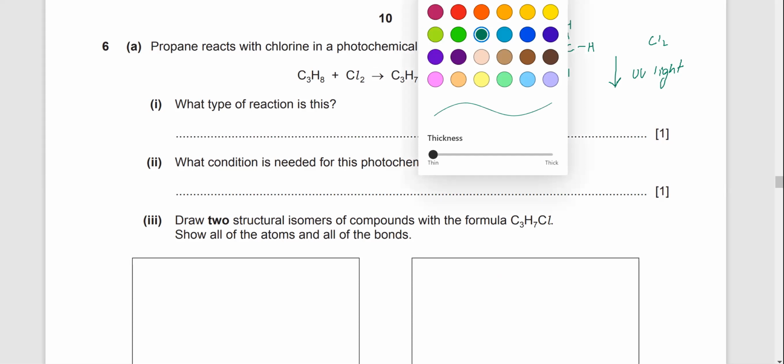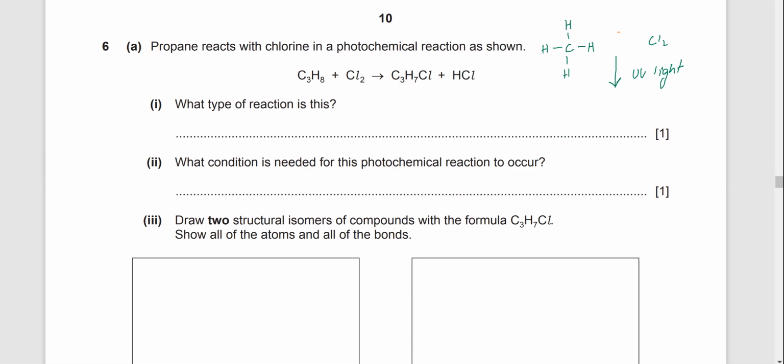So what would happen? Substitution would happen. Substitution would be कि one of the H would get knocked out and it would get substituted by chlorine, and the H that gets knocked out would react with the other chlorine because there are two chlorines, and they would end up forming HCl.